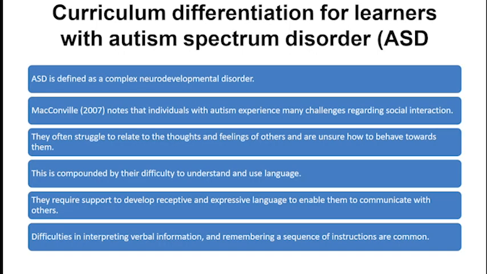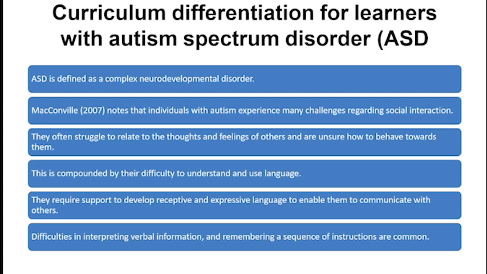And let's look at the curriculum differentiation for learners with autism spectrum disorder. That is, ASD is defined as a complex neurodevelopmental disorder. As McConville 2007 notes, individuals with autism spectrum disorder experience many challenges regarding social interaction. They often struggle to relate to the thoughts and feelings of others and are unsure how to behave towards them.